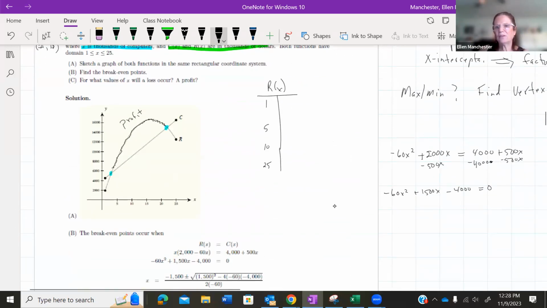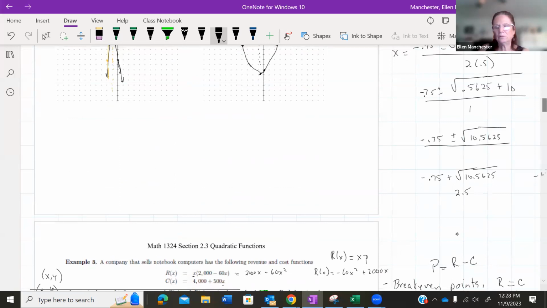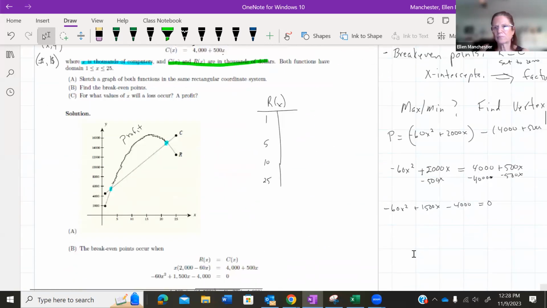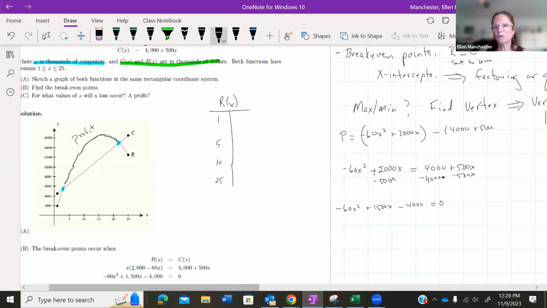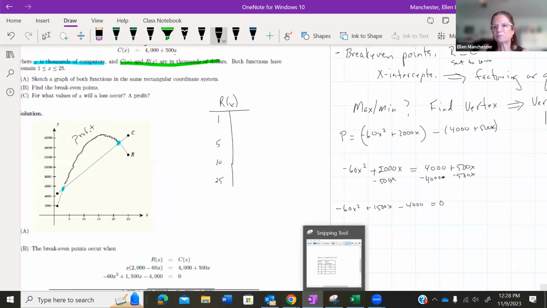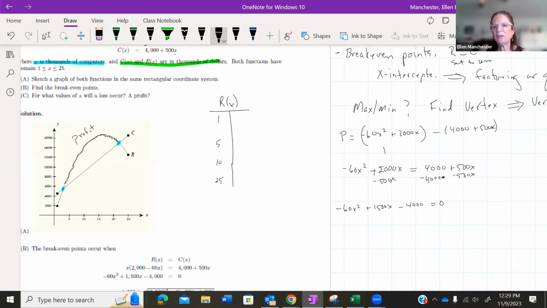So if I was looking for profit and I said my revenue minus my cost, you can see I'm going to get the exact same thing.